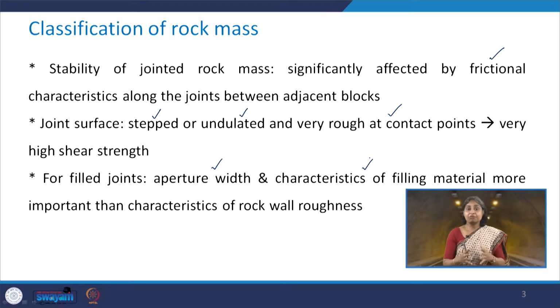So, if you have unfilled joints, it is the rock wall roughness that will govern the strength characteristic of the jointed rock mass, but if you have filled joints, the aperture width and the characteristic of the filling material become more important.